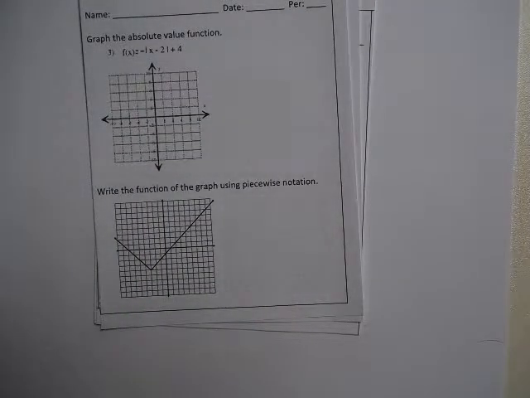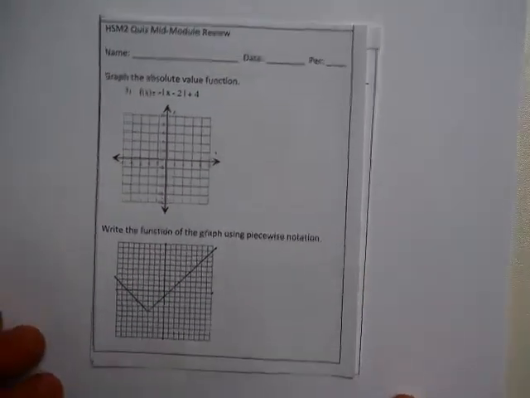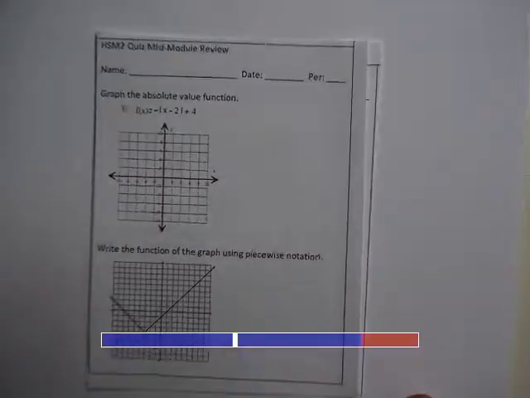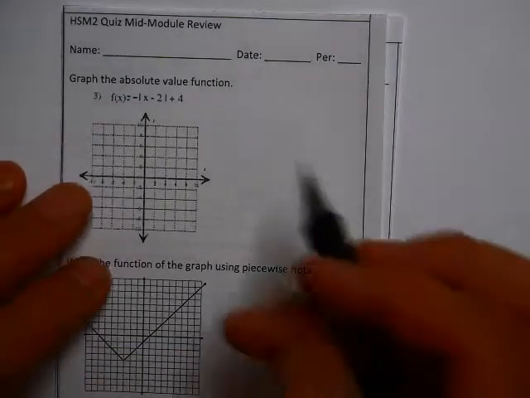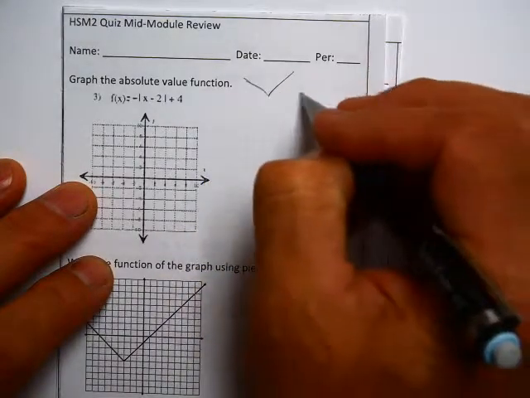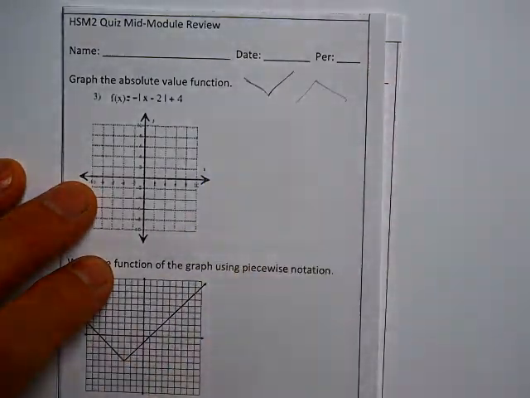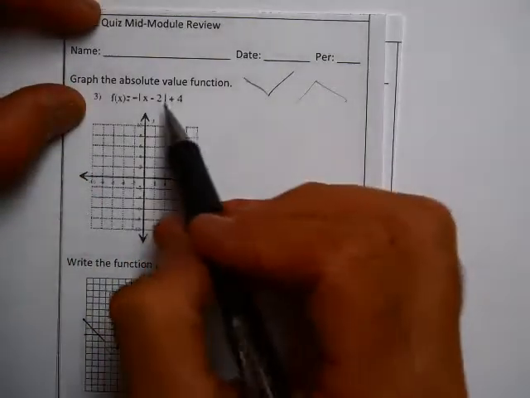Okay, the mid-module review. We're looking for understanding and graphing the absolute value function. Absolute value functions are either going to look like this, kind of like a V, or like this, an upside down V. And here's what we've got.